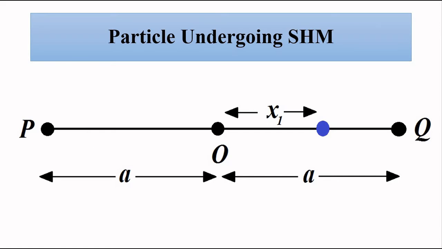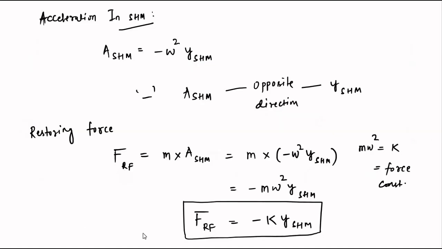So this process continues. This is the general expression of simple harmonic motion. Any system which is under simple harmonic motion will follow this equation.